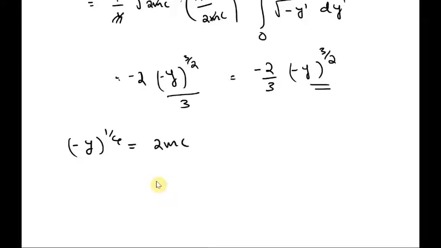2mc over h cross, whole power minus 1 by 6, root p of x. This is a crucial thing that we want.